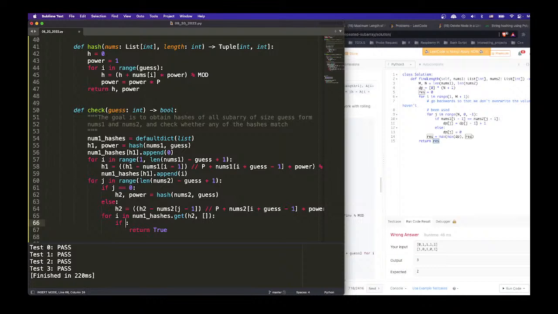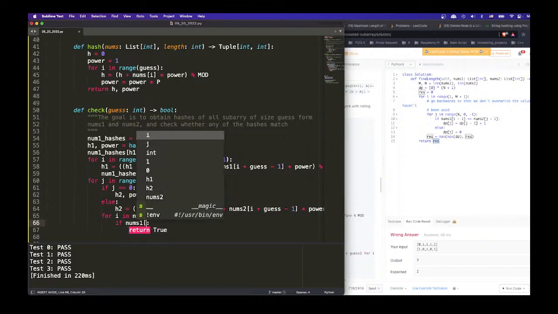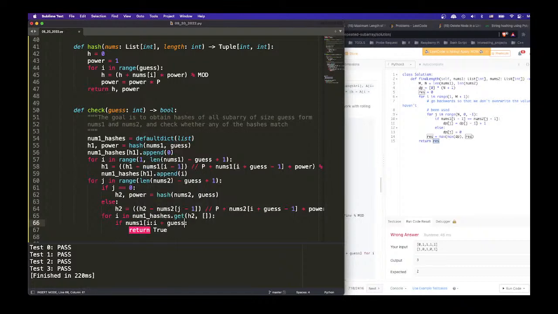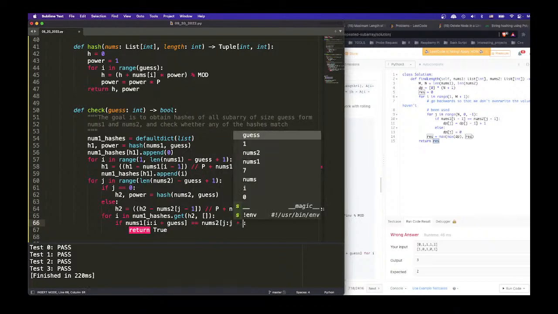So for i in this, we'll say if nums1 i plus guess equal to nums2 j plus guess, return true.